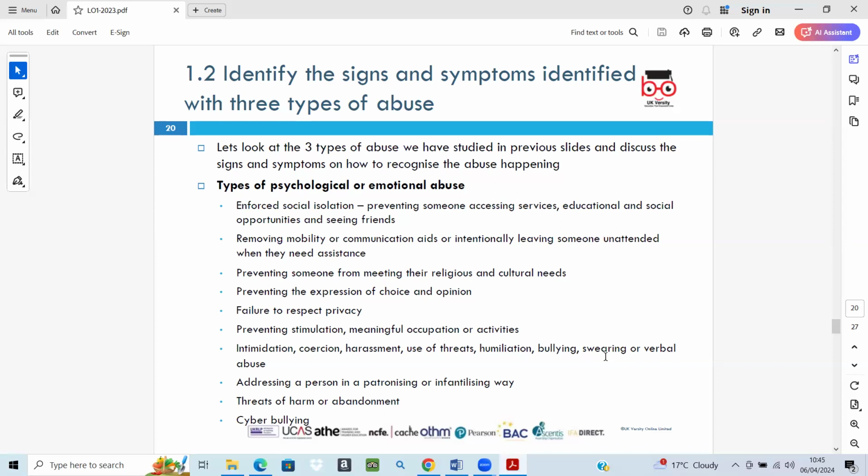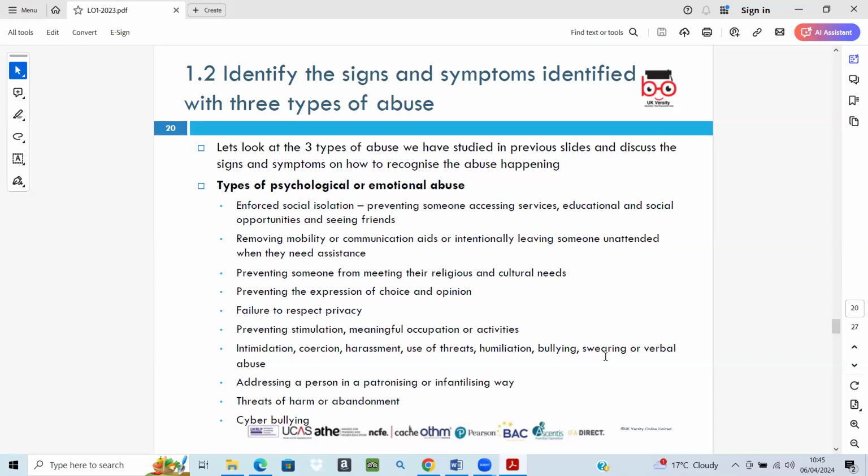For example, in removing mobility aids, the individual may struggle to move around or communicate effectively, leading to increased dependence and isolation. Then we have preventing someone from meeting their religious and cultural needs, which we discussed earlier as well, and we gave the example of the halal meat or the vegetarian food choice.